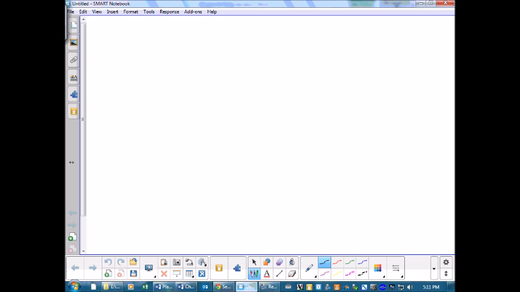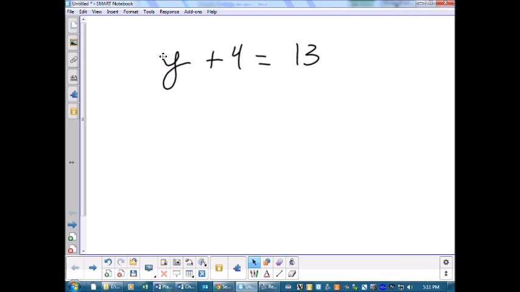So here's another one. I'm going to use the question y plus 4 equals 13. Right? Now, I want to get y all by itself. I want to isolate it. So if we have a plus 4, then we have to subtract 4, right? That will get rid of that plus 4.